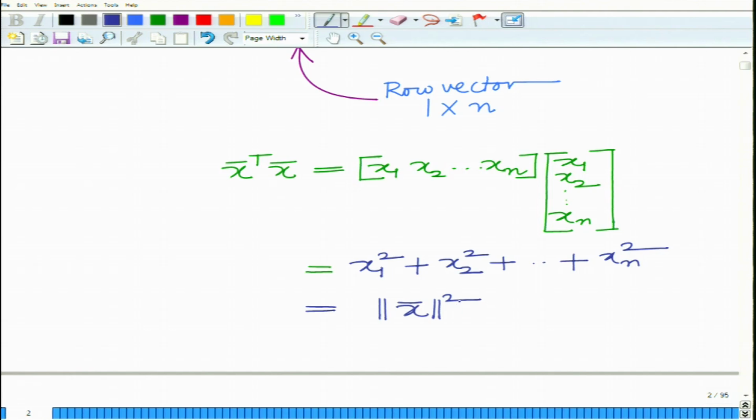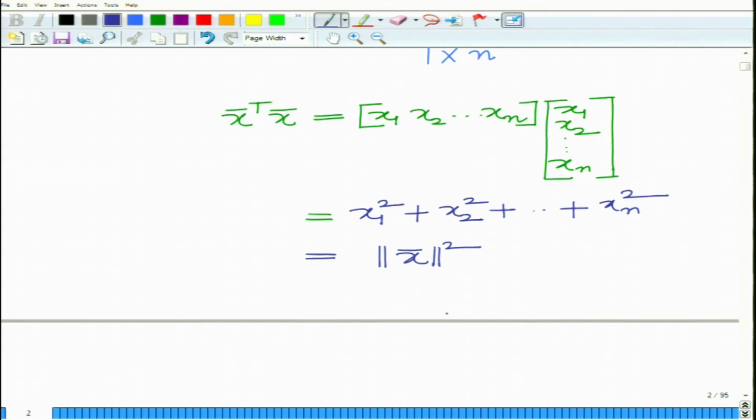And in fact, we will see this is a specific case of a norm, the L2 norm. So, this indicates the square of the L2 norm.